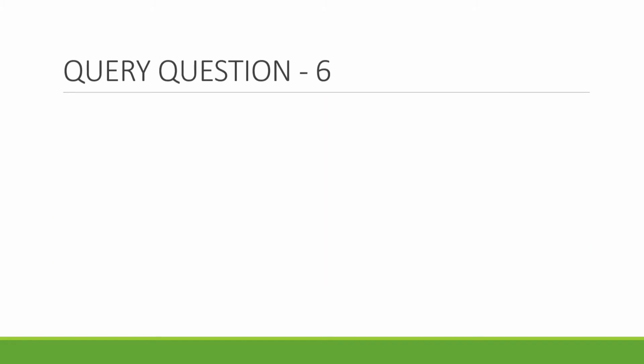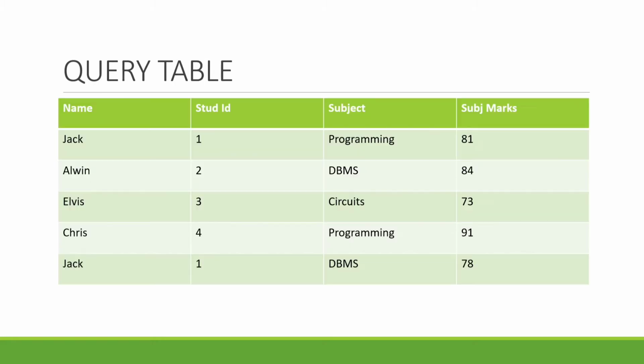So let's look at the first query. The question says that we have to find out the total number of marks scored for each subject. You can see in this table that there is more than one row for each subject. If I talk about programming, Jack is also giving the exam of programming and Chris is also giving the exam of programming.